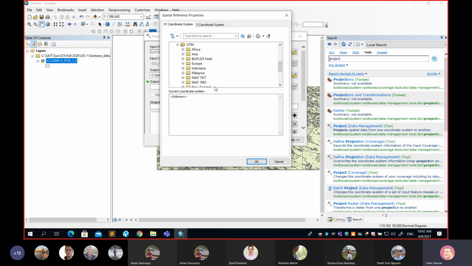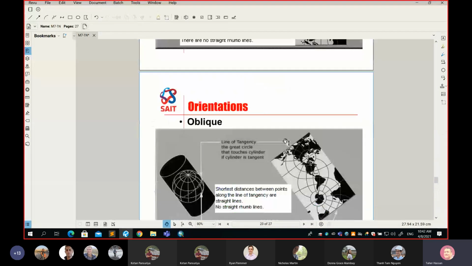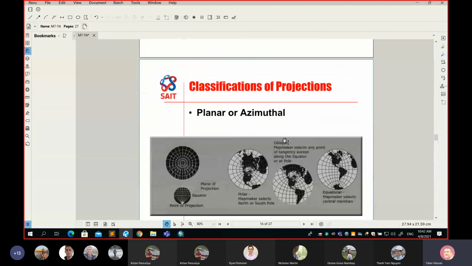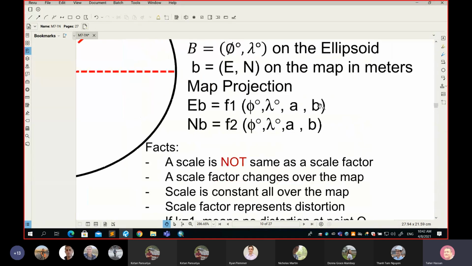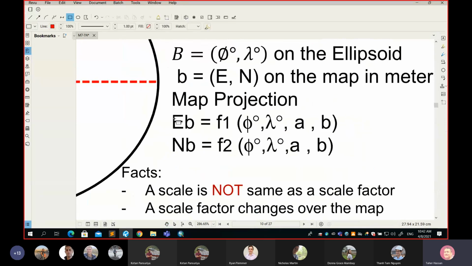You also need to know what your ellipsoid is. If you cannot remember, I'm going to go back and quickly show you what I mean. If you remember, we said that a map projection is simply a function that takes your geographic coordinates as input and spits out the easting and northing.